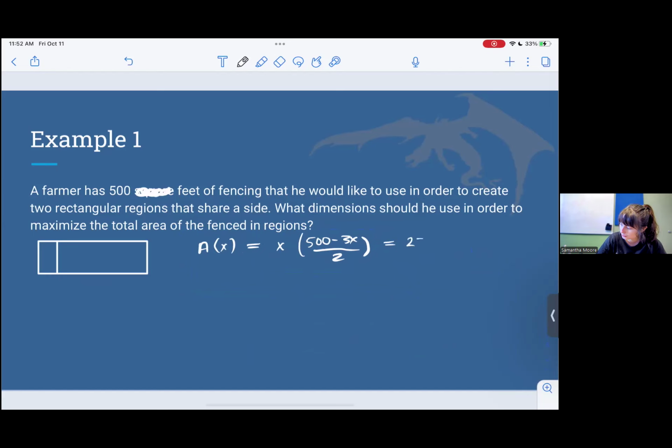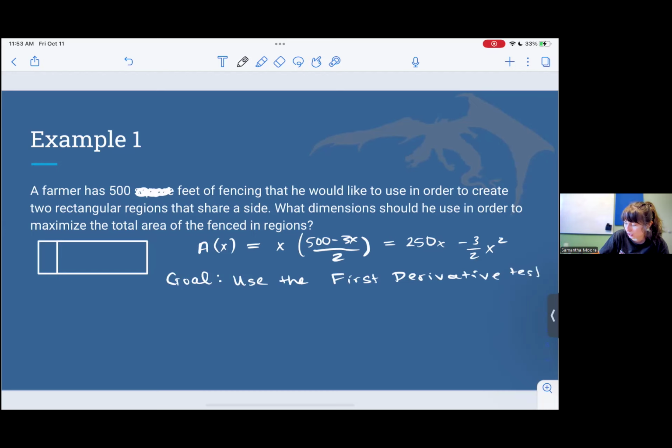I'm looking at 250x minus 3/2 x squared. So what is our goal right now? We'll use the first derivative test. You could use the second derivative test, it doesn't matter which. But we're going to use the first derivative test to maximize area, right? We want to find relative maximums.